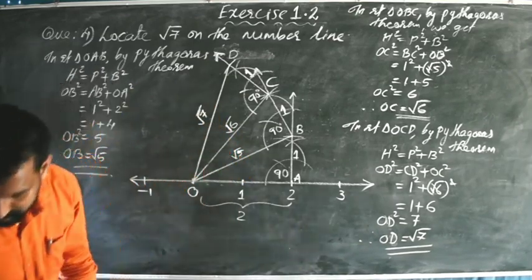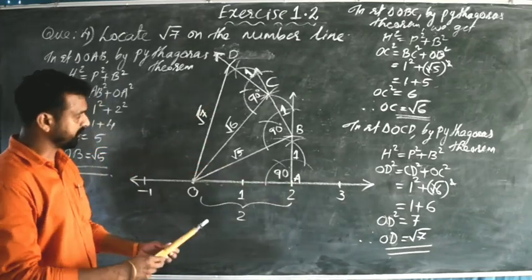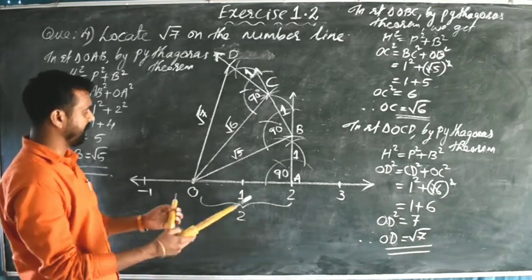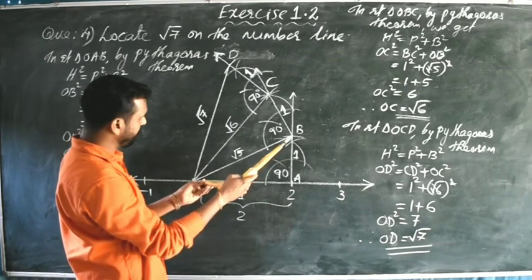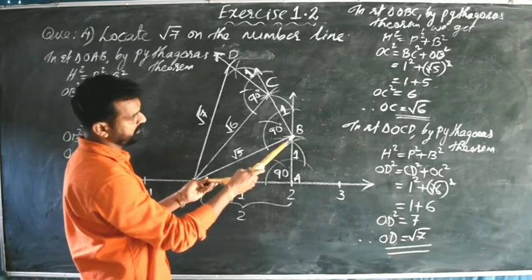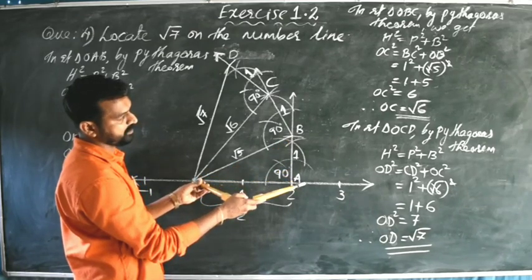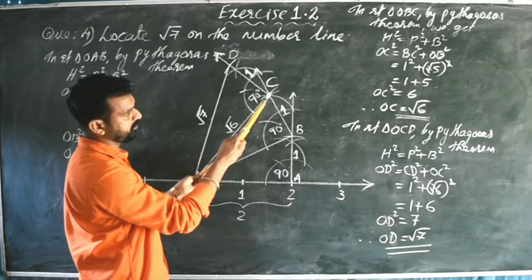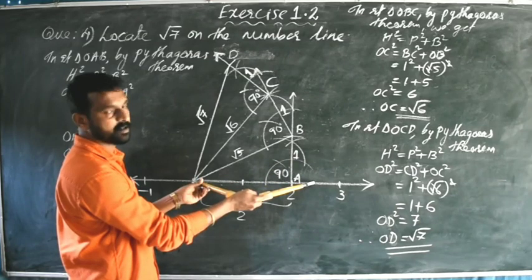Now we have to represent this root 7 on this number line. For that, in the previous question, question number 3, root 5 we have marked on the number line. If we want to mark root 5 on the number line, take OB as radius and draw an arc here and mark it here, that is root 5. If we want to mark root 6 on the number line, then take this OC as radius, draw an arc here, here we will get root 6.